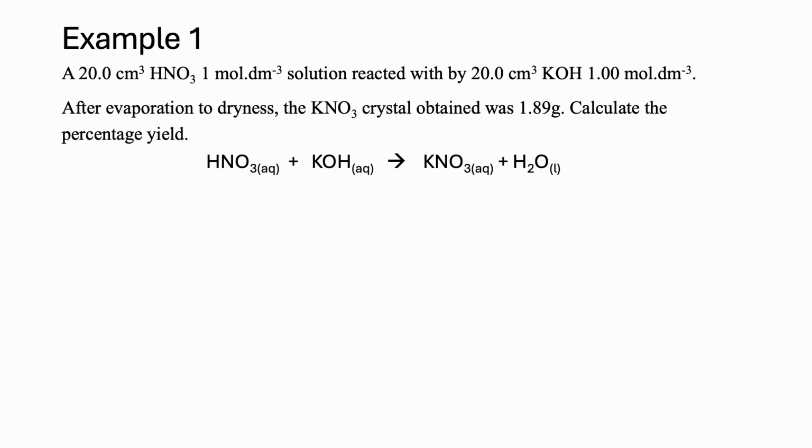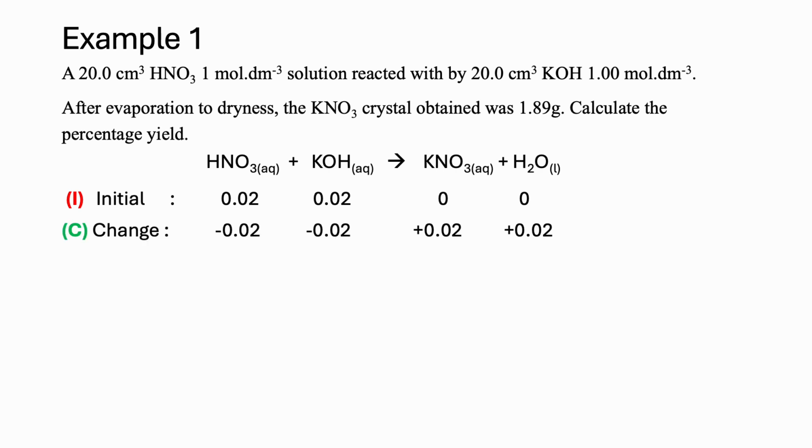So in the beginning we have 0.02 of KOH, and then they will react because both of them are in stoichiometric ratio and both would be the limiting reactant. So at the end we have the products as the same, 0.02 KNO3 and 0.02 water.